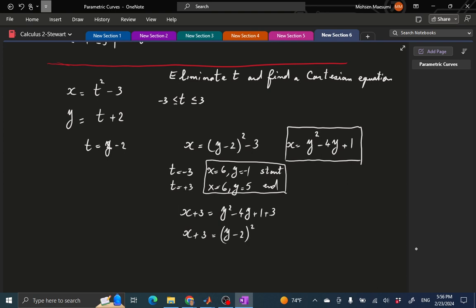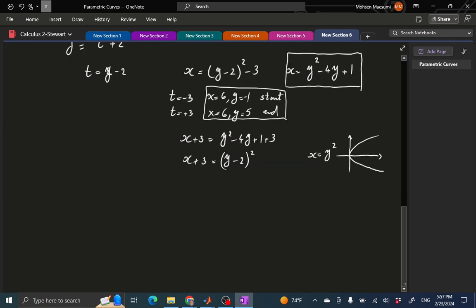Now we are going to appeal to an idea from college algebra. We had the idea of transformation of curves. That is, if you have x equal to y squared, that's a very basic curve and you know it very well. That's just a parabola that opens toward the right.